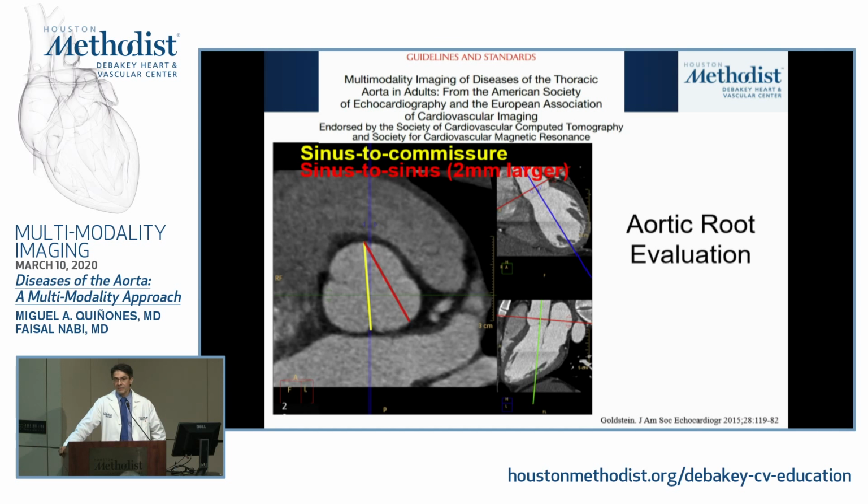As we learned from this documentation, there are many different ways to measure at the widest portion of the sinuses. Do we do sinus to commissure, also known as sinus to trigone, or do we do sinus to sinus? MRI studies and other CT studies have shown that sinus to sinus measurements are 2 millimeters larger than your sinus to commissure measurements.